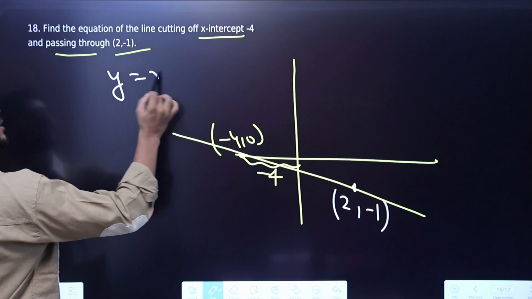No problem. Listen carefully. What is the y-intercept? This thing. We just need to find this thing, nothing else. At this point x will be 0 and y will be something. Let's say that y is a. Now I need to find this a, and that will be our y-intercept that I can substitute in this formula, because we need the y-intercept.